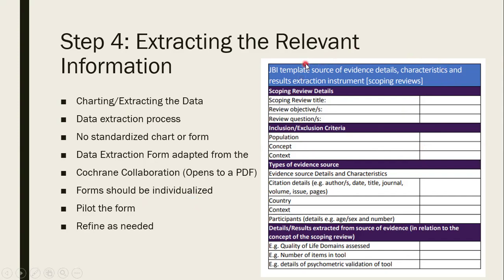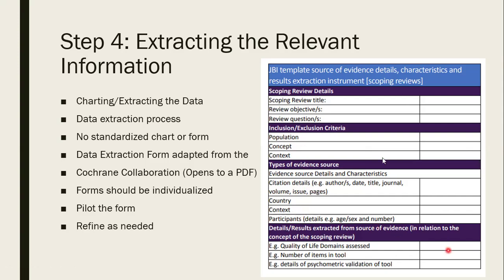This is an example of the JBI template source of evidence details, characteristics, and results extraction instrument for the scoping review. As you can see, it has the scoping review title, review objective, and review question, the inclusion and exclusion criteria based on PCC, population, concept, and context, and the types of evidence, like the evidence source details and characteristics, which include the citation details, country, context, and participants.